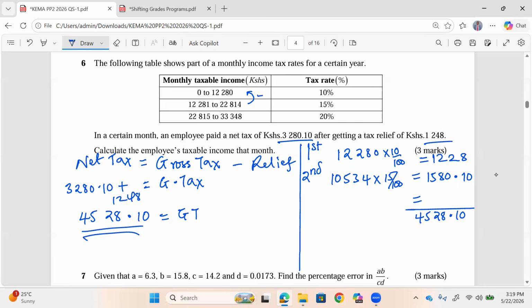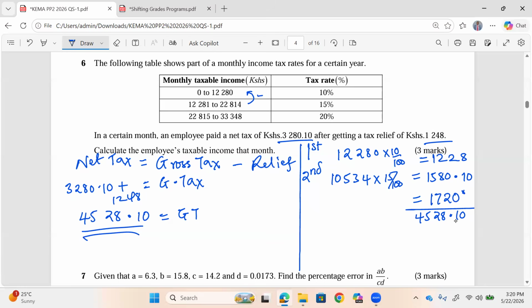We take 4528.1 minus the two taxes that we already have, 1228 plus 1580.1. You get exactly 1720. So a tax of 1720 now should be added.